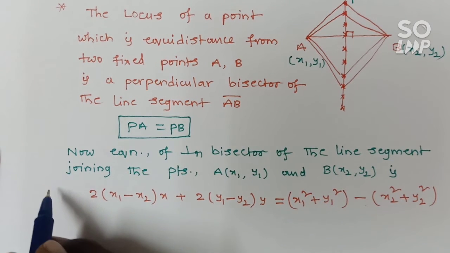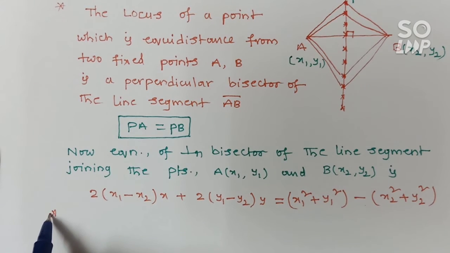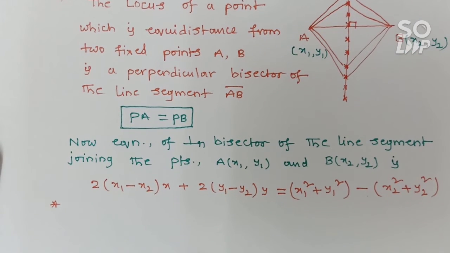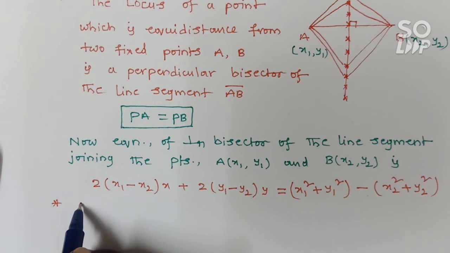So the next one, here you write how many points will exist which are equidistant from A and B. Look at this one.